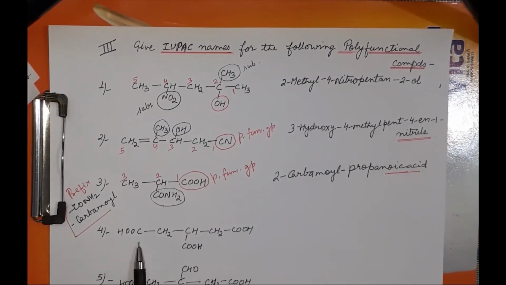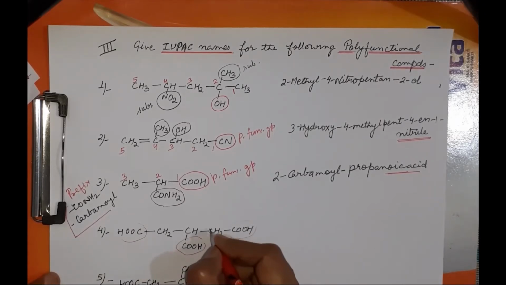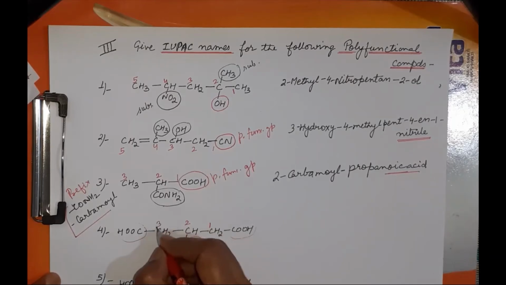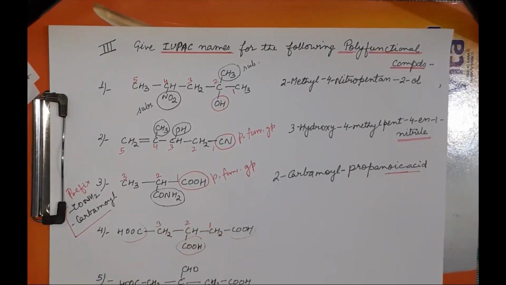So this is another example. In this case we can see all these three functional groups are same. So then what we will do? We will do the numbering like this: 1, 2, 3. So how can we write the name?